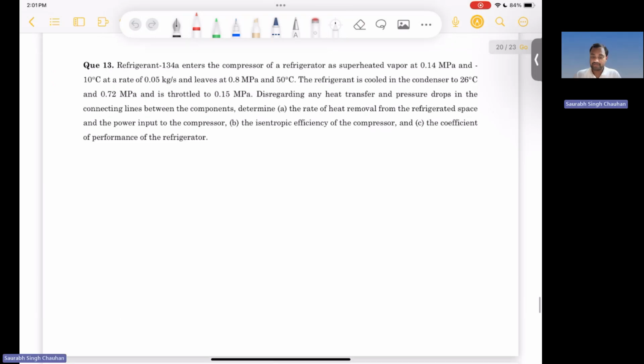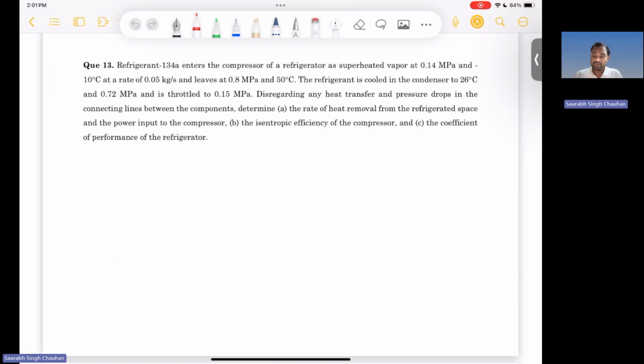It enters the compressor of a refrigerator as superheated vapor at 0.14 MPa and 10 degrees Celsius at the rate of 0.5 kilogram per second. It was the same values, right? It leaves at 0.8 MPa, again the same value, and 15 degrees Celsius.